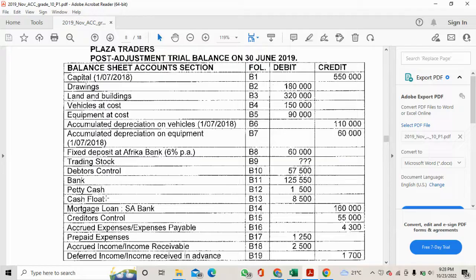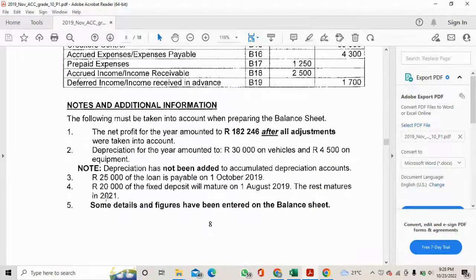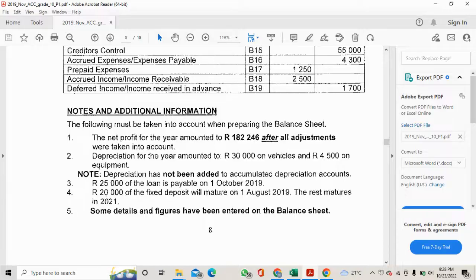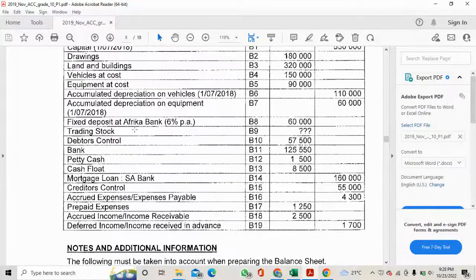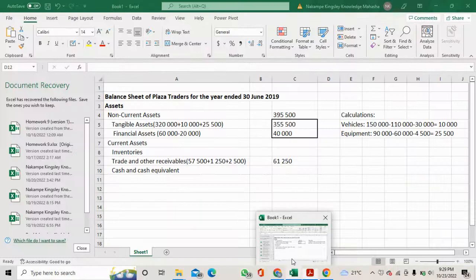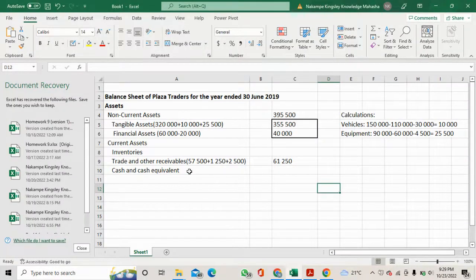We also have our short-term investments, right? The short-term investment here, we are talking about the 20,000, because it's going to mature, so now it's part of cash and cash equivalent. So we're going to add our bank, our petty cash, and our short-term investment under cash and cash equivalent, guys.